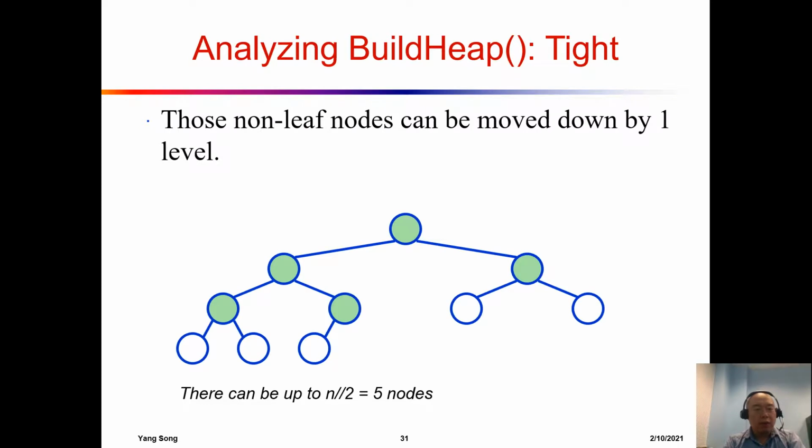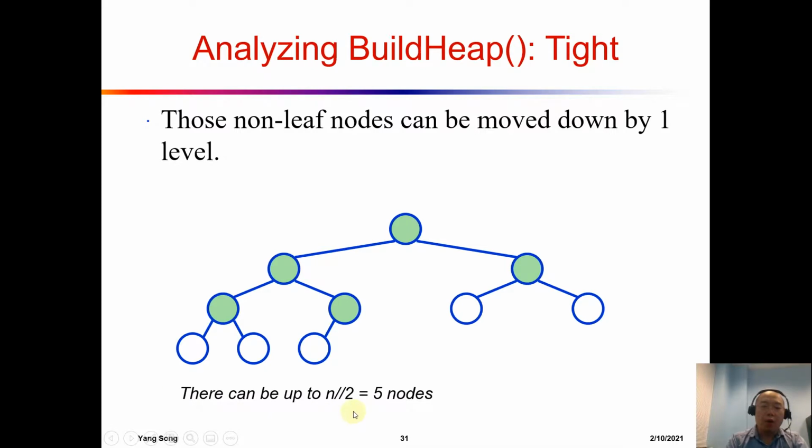Okay, well, this is not clear enough. So let me put it this way. In this tree structure, all the green nodes can be moved down by at least 1 level, right? Because they are non-leaf nodes.